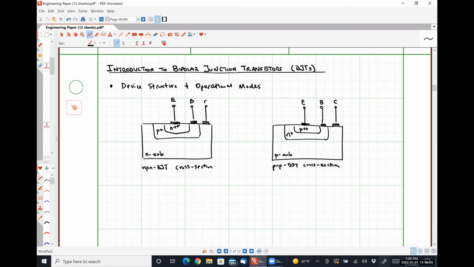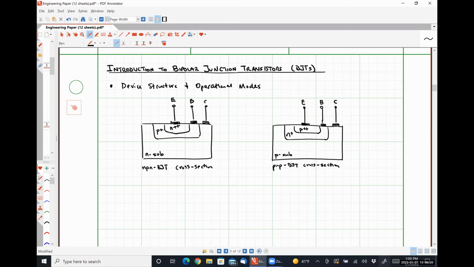And the reason for that should be fairly obvious, but if we forward bias our base emitter junction, right, we should see diffusion of charge carriers from the emitter to the base, because we just have a simple PN junction that's forward biased, right?